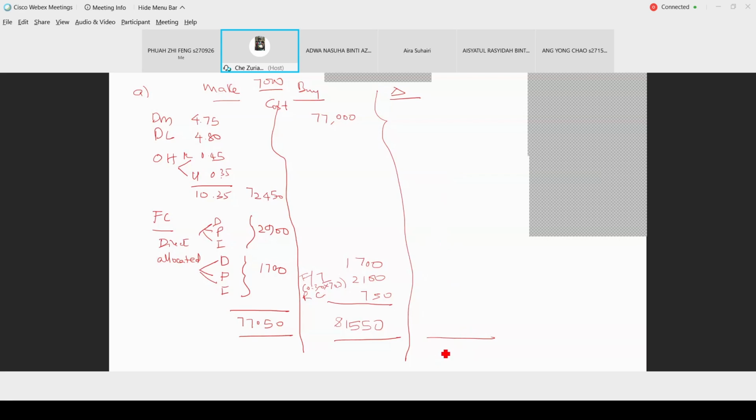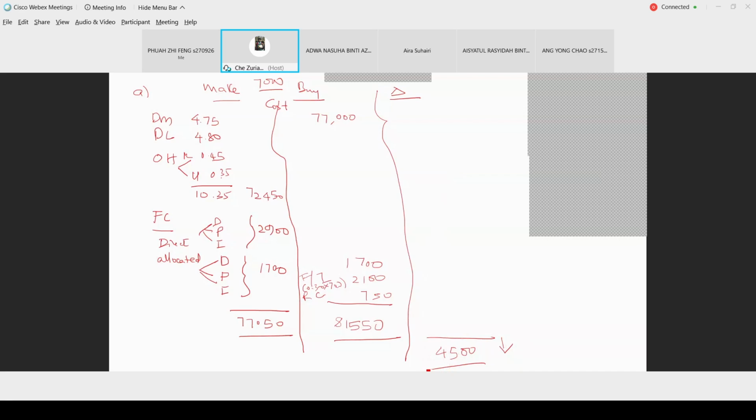Okay. So, you akan dapat, kalau you make, okay, so beza dia, berapa? Okay, the difference is 4,500. So, this 4,500, if you buy, you will decrease the amount of net income.